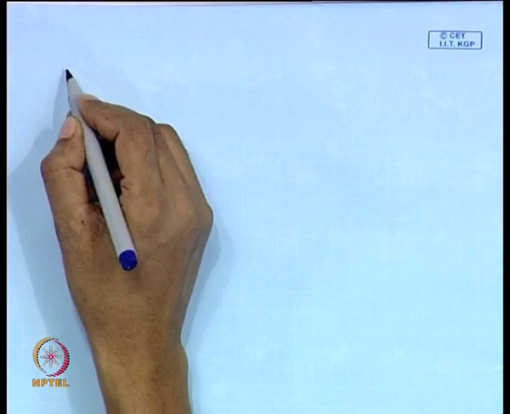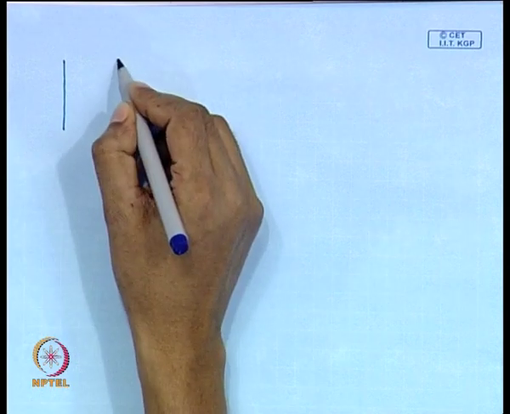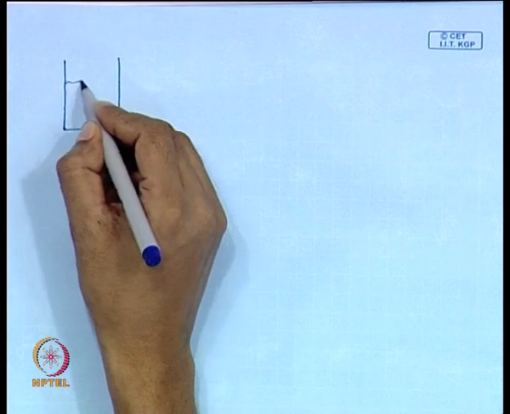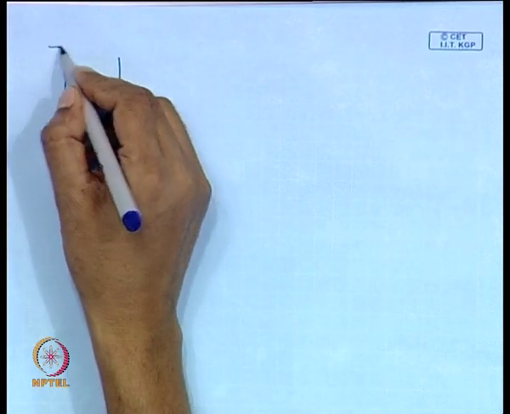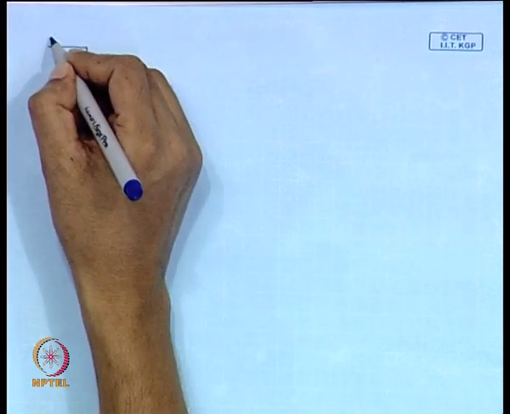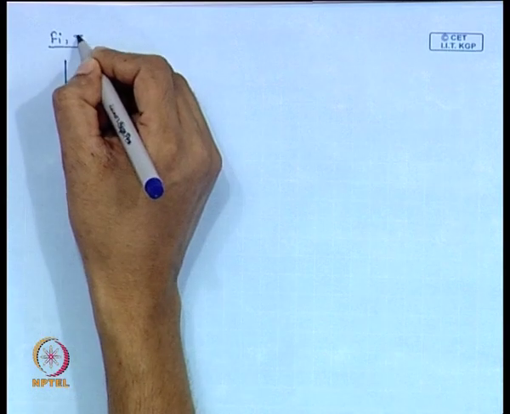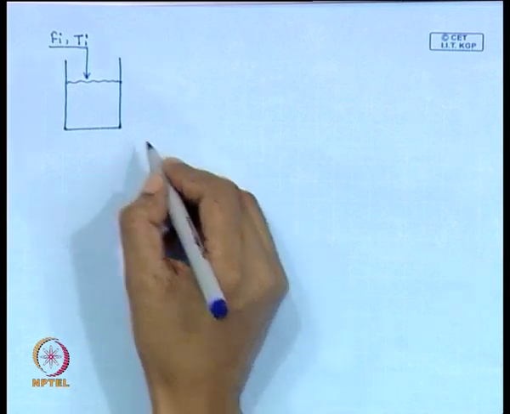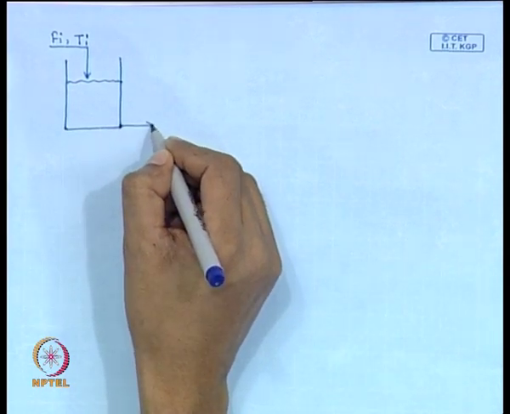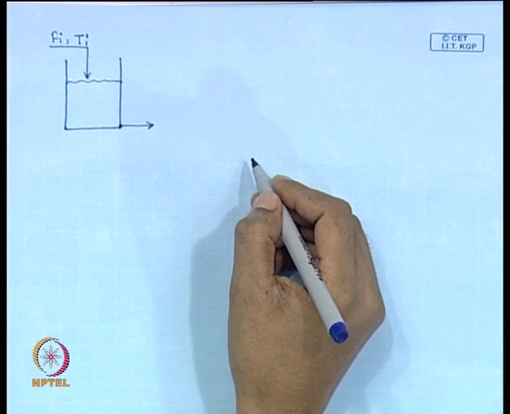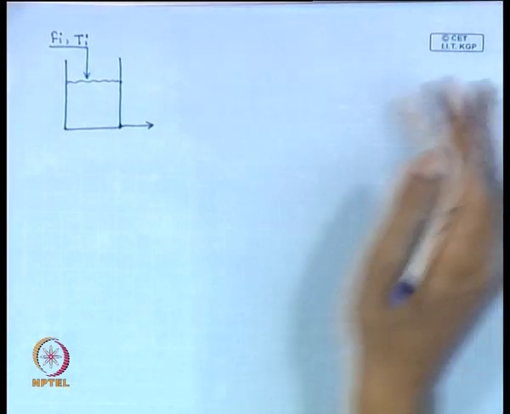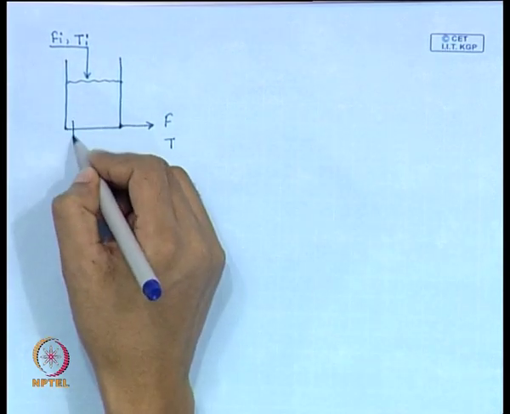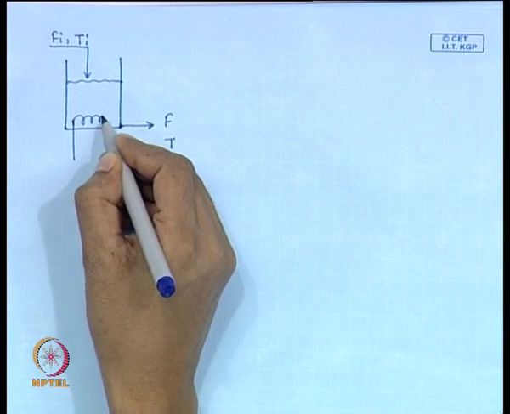Next, we will take another example to know about all these variables. That example we have considered is the heating tank system. So, this is a heating tank system. The inlet stream has flow rate Fi, temperature Ti, and it has the outlet flow rate of F and T. Steam is introduced through this coil.